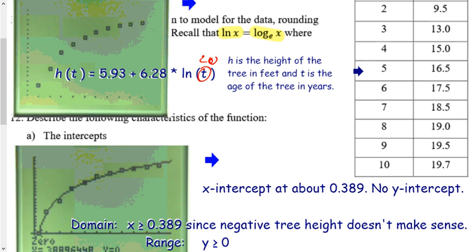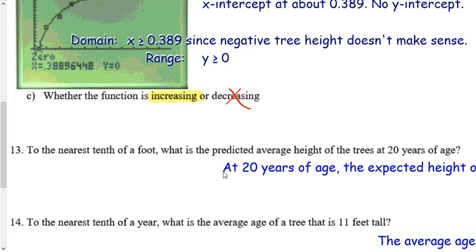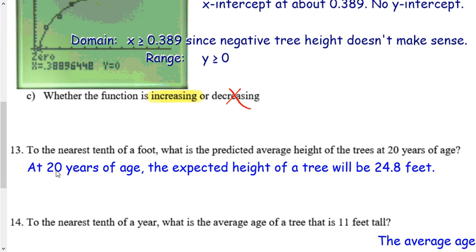If we plug that 20 in and evaluate this, then the result is that at 20 years of age, the expected height of the tree will be about 24.8 feet. So I'd encourage you, if you haven't done the calculation yourself, either plugging into the equation or by using the trace feature on your calculator, pause the video at this point and make sure that you do get that answer.